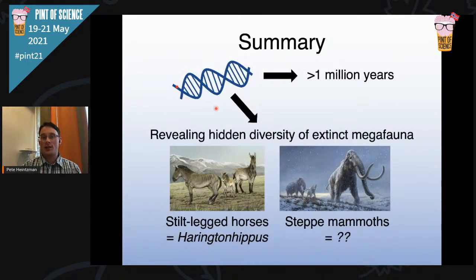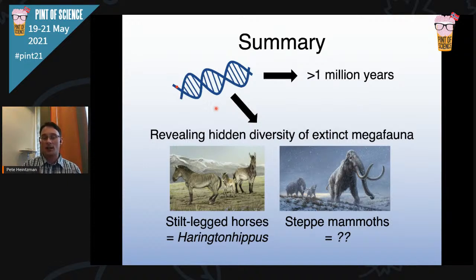Okay, so just to summarize, ancient DNA can survive for more than 1 million years, probably not for much longer, certainly no longer than at least 2 to 3 million years, because that's basically as theoretically old as the oldest permafrost is. And ancient DNA is really revealing this hidden diversity of extinct megafauna that you would never be able to find just by examining the bones using more traditional methods.